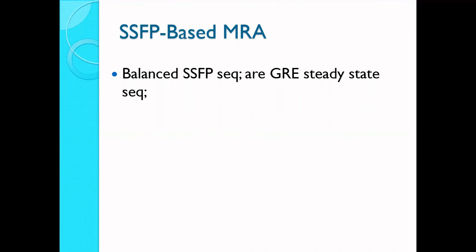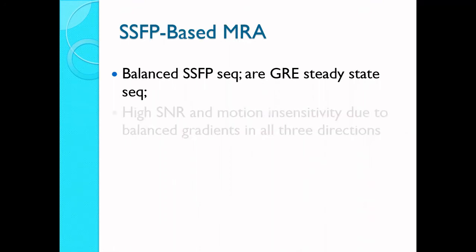So we call it balanced SSFP. That's how it's called the GRE steady state, because we are not applying any spin echo here, but we are considering the gradients, and by applying gradients we achieve this particular condition.